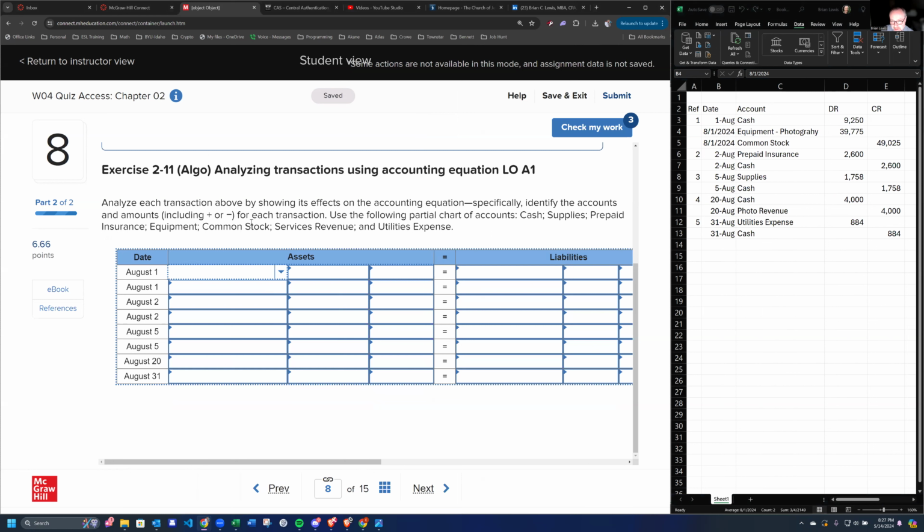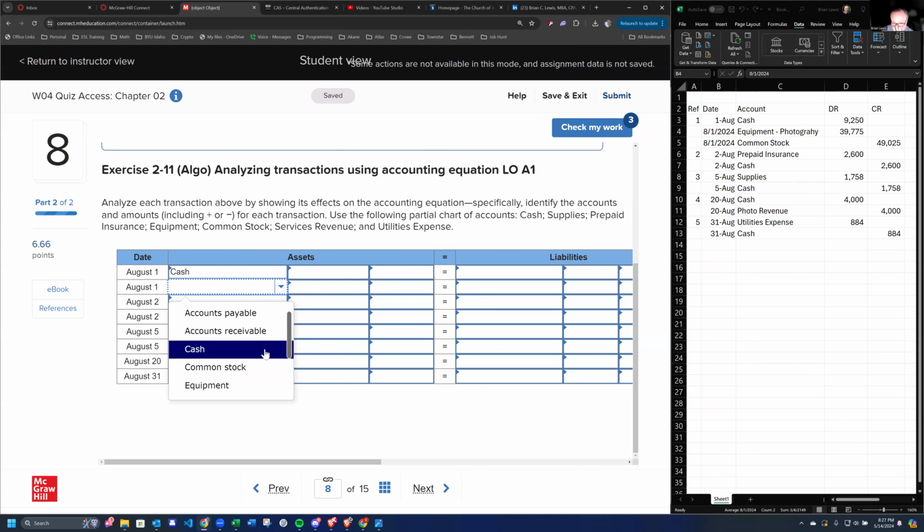Identify the accounts and amounts plus or minus for each transaction using the following partial chart of accounts: cash, supplies, prepaid. Oh, brilliant. Okay, so on the asset side, we've got these two right here, right? So it should be cash, and it should be equipment, some sort of photography equipment.